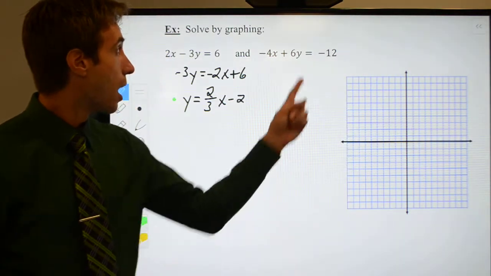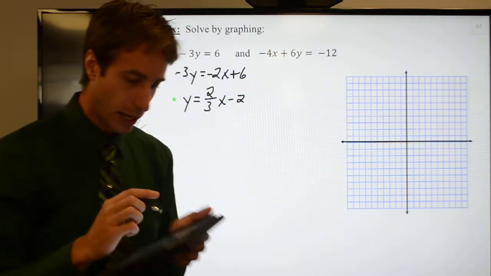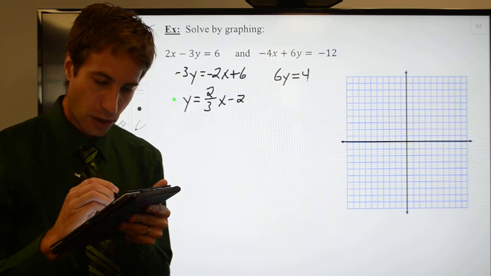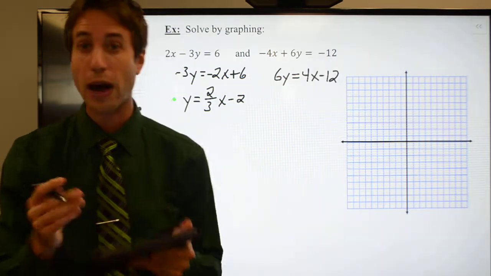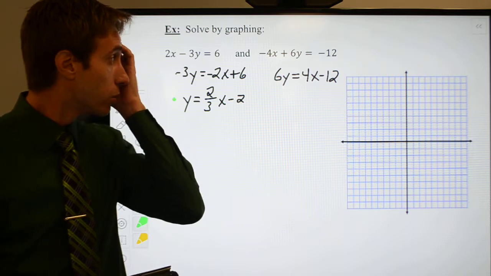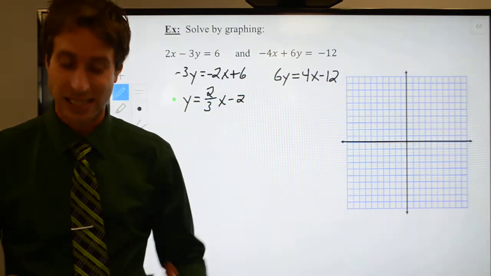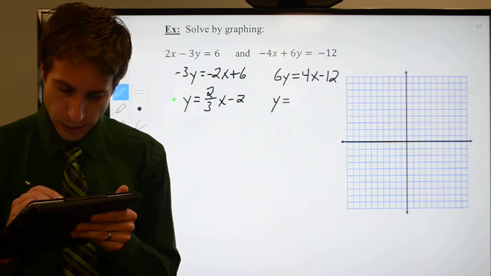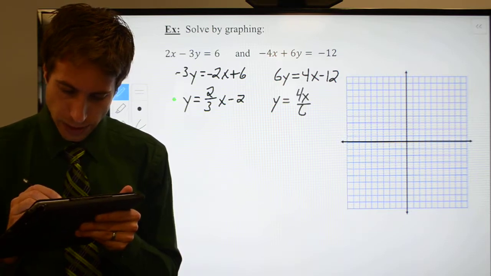One more. Solve for y, so I'm going to add 4x to the other side. That means I have 6y is equal to 4x minus 12. Great, okay. We're going to need to divide by 6. Well, let's write this one out. 4x over 6.